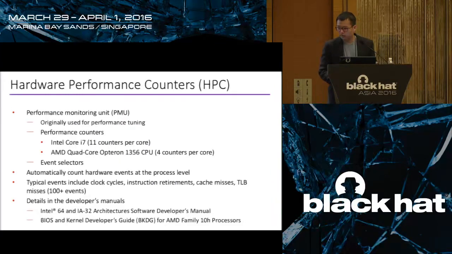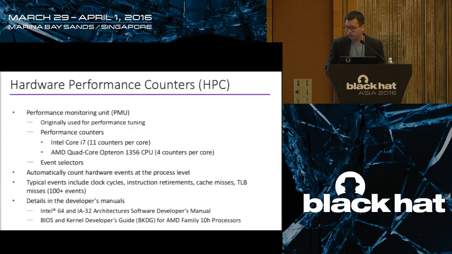All right, before I dig into the details of NumChecker, I'm going to give a brief explanation of hardware performance counters. Hardware performance counters, HPC, are also known as the performance monitoring unit, and they were originally used for performance tuning. Both commercially available Intel and AMD CPUs have those counters, and each core has a certain number of counters.